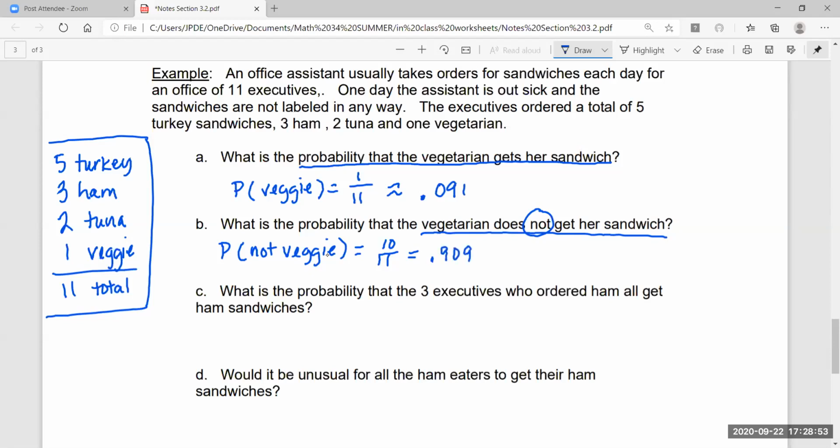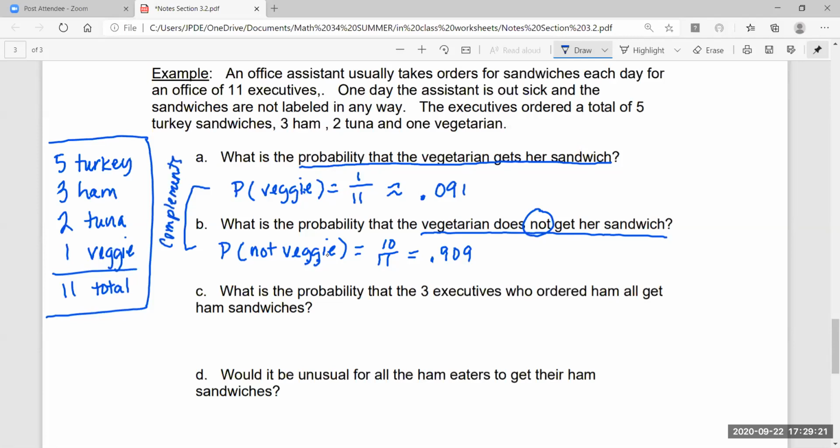Now, something you might notice here. These are complements. You either get a veggie sandwich or you don't. So if I took 1 minus the 0.091, I get the 0.909. Okay? These are complements. So some of you may have thought of doing it that way.